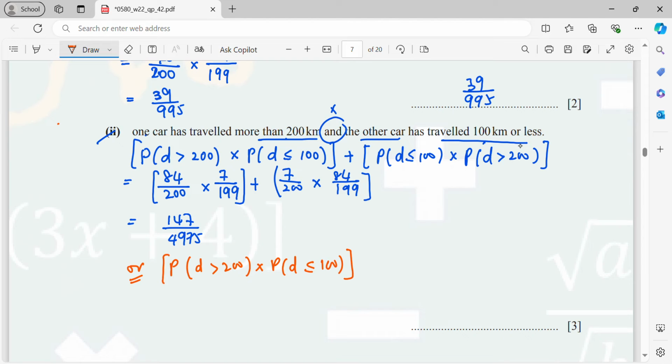Then you times 2, because the greater than 200 can be the first car or the second car. So it will be 84 over 200 times 7 over 199, then you times 2. You will be getting the same answer. Alright, so done for this question.